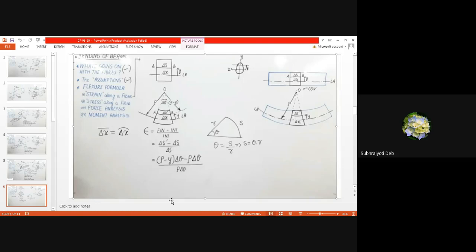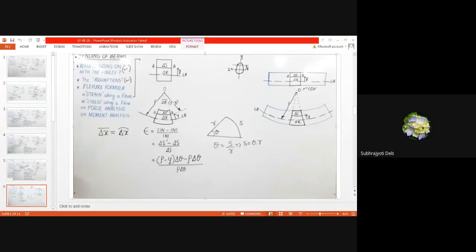So what is strain? Who remembers? Change in length by original length.